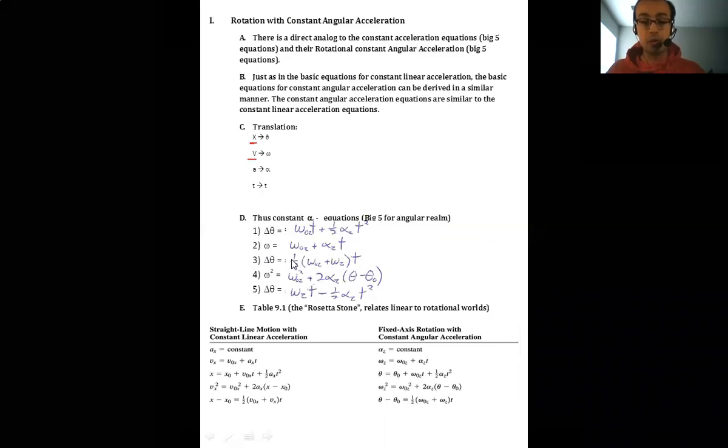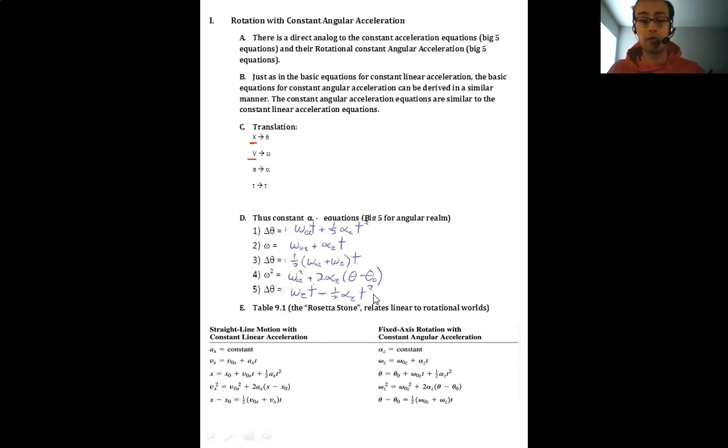Delta theta is equal to 1/2 times omega naught z plus omega z, times t. Omega squared is equal to omega naught z squared plus 2 alpha z times theta minus theta naught. And delta theta is equal to omega z t minus 1/2 alpha z t squared.